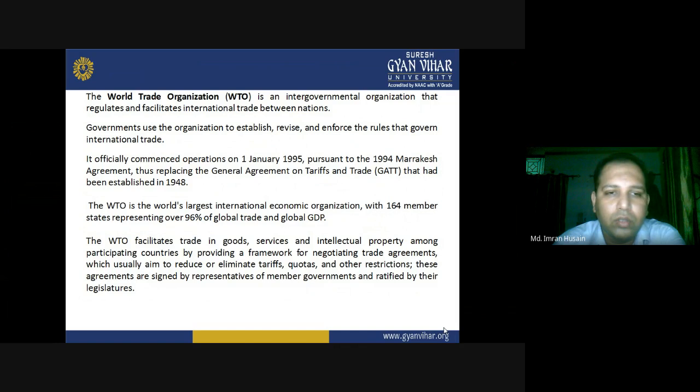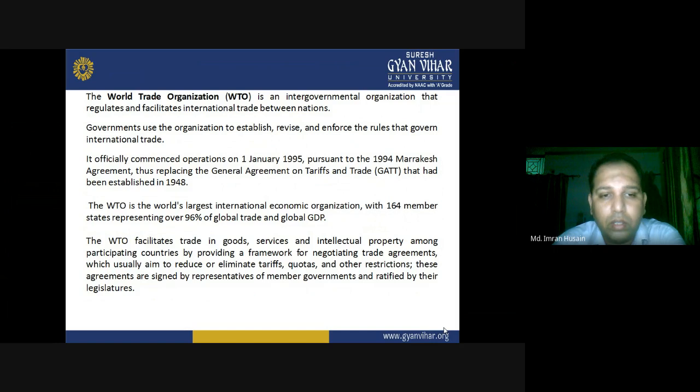The WTO is the world's largest international economic organization with 164 member states representing over 96% of global trade and global GDP.